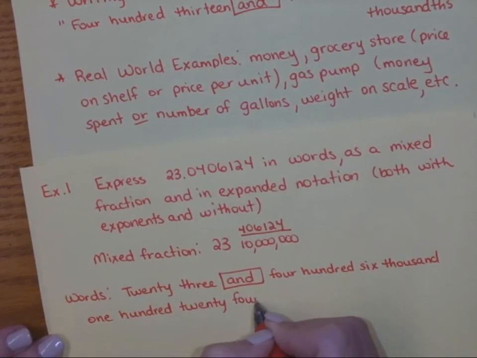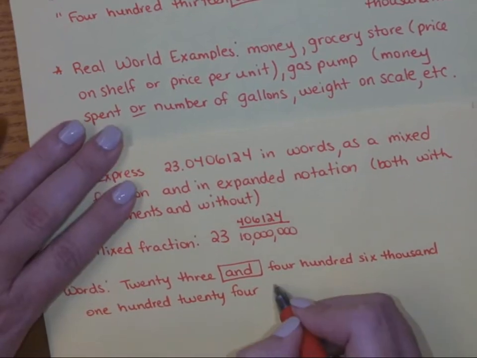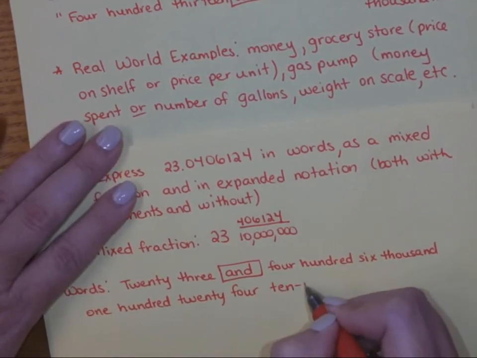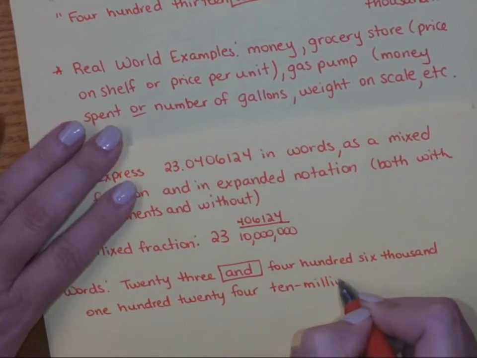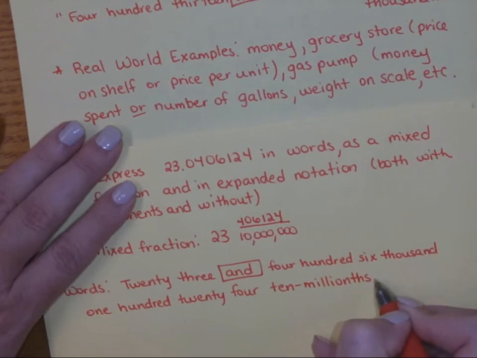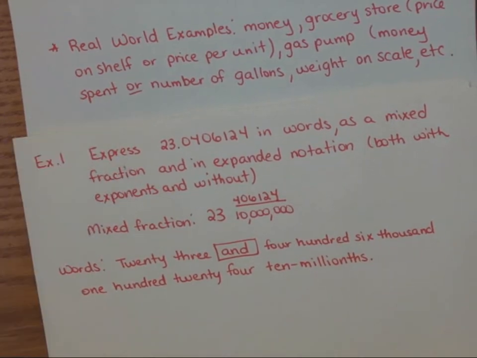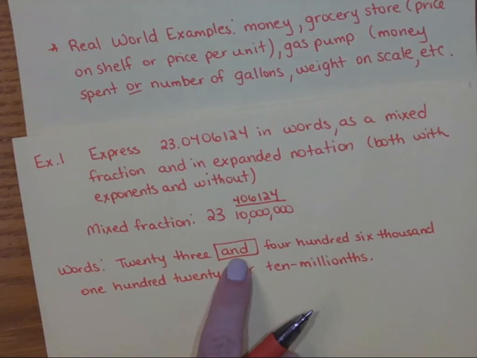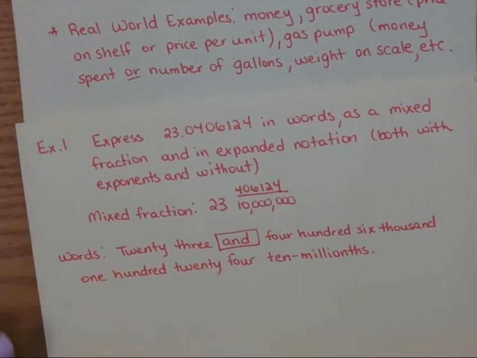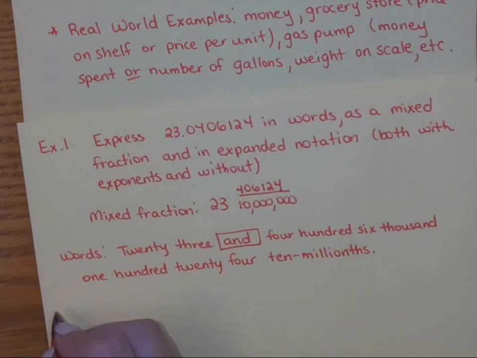You read the numerator as is, and then you just mention what place value you're at. So we are in the ten-millionths spot. Anywhere there's an "and," that indicates that's where the decimal would begin. All right, I'm going to move over here. We're going to need some room for this one.